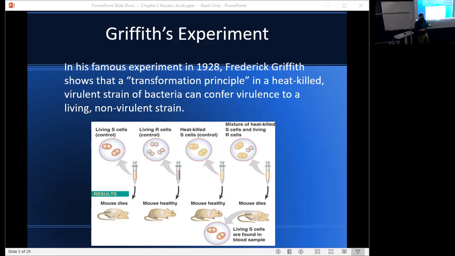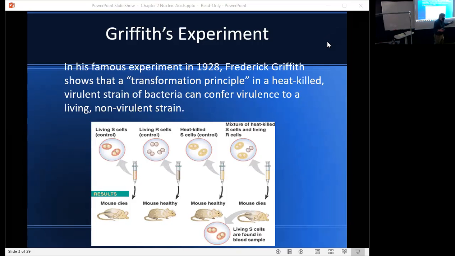Okay, so from this, Griffith hypothesized that there's a transforming principle, a transformation principle. So he knows that there's something in the heat-killed S strain that transformed the R strain into a virulent strain.